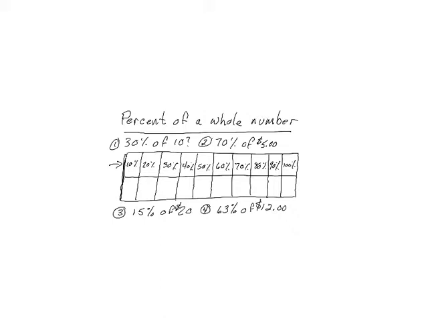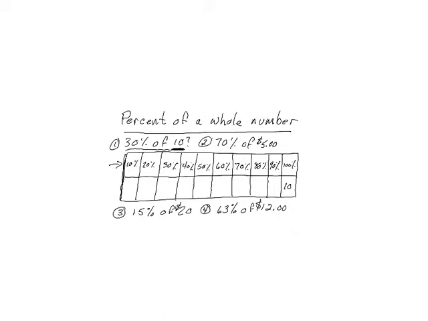So, for example, if we're doing number one first, we're doing 30% of 10. Well, first of all, we look at the 10, and in this case, because it's 10, we write 10 as 100% because that's the most we could have.